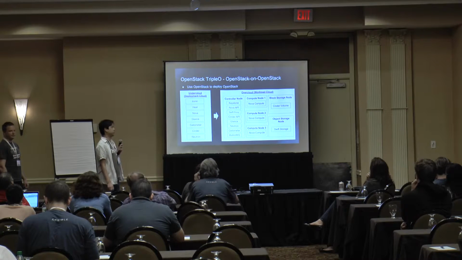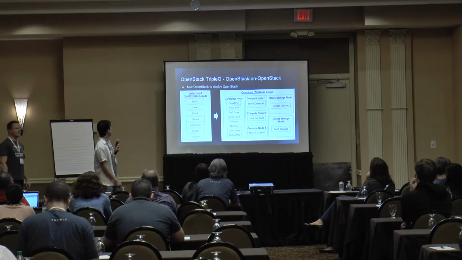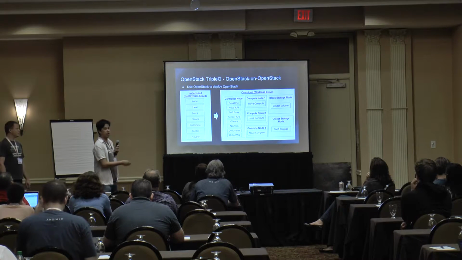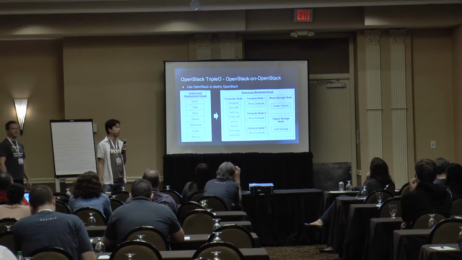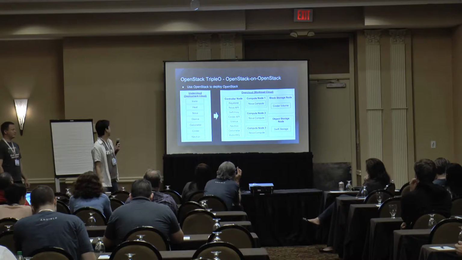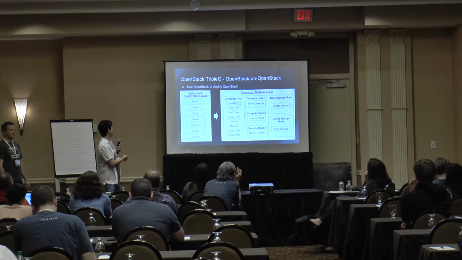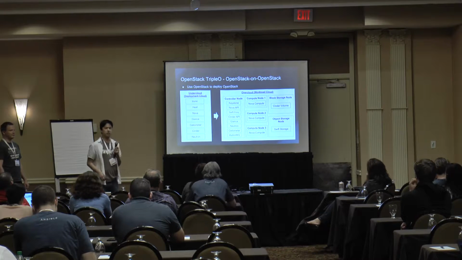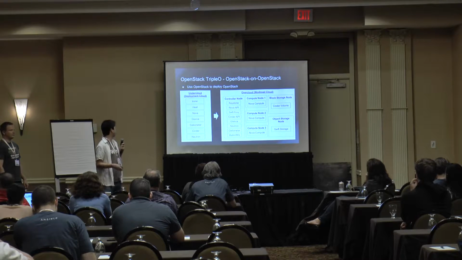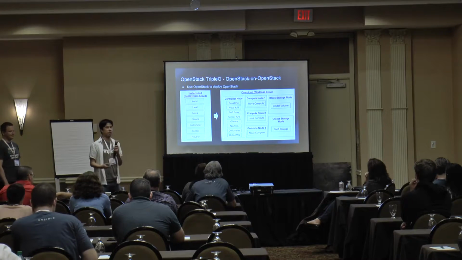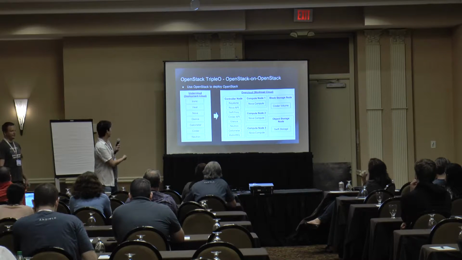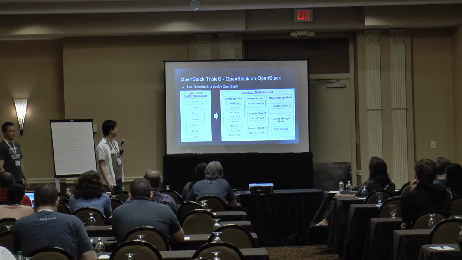What Heat will do is provision that cloud. It will orchestrate that cloud through Nova and Ironic, Ironic being the bare metal provisioning service. So we provision our cloud on bare metal. The undercloud also has things like Salamander, so that we can monitor, say, the usage of our bare metal nodes and get that information through the Salamander APIs.